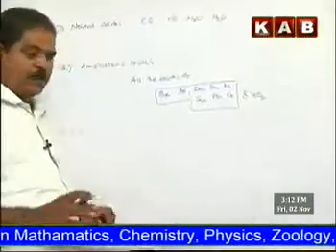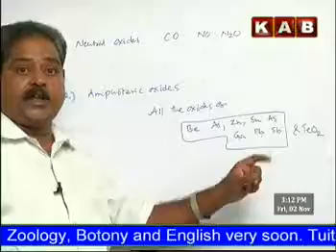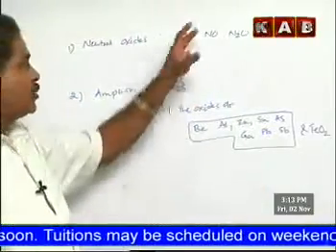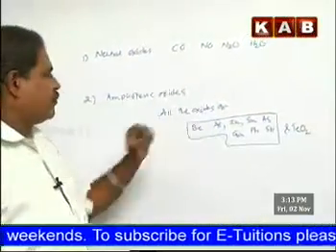These are amphoteric oxides. What do you mean by amphoteric? Both acidic and basic. They react with both acids and bases and form salts with them. Neutral oxides don't react with either acid or base.